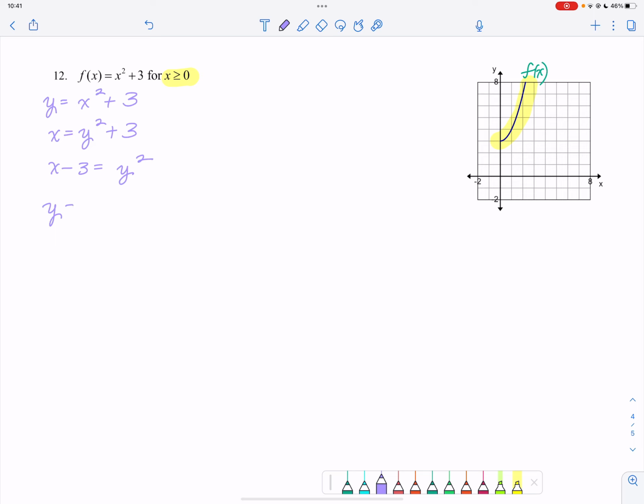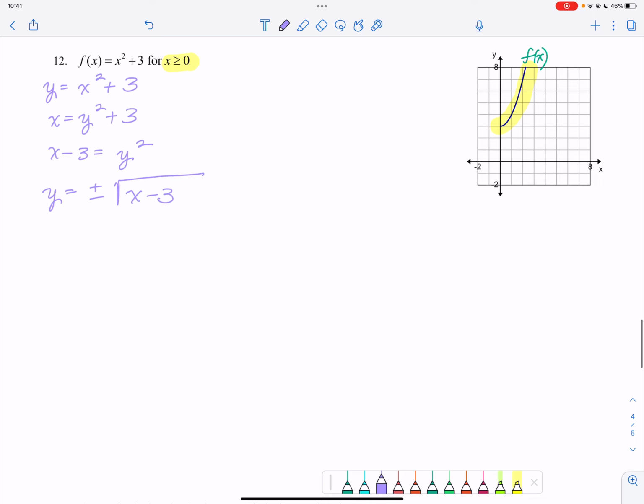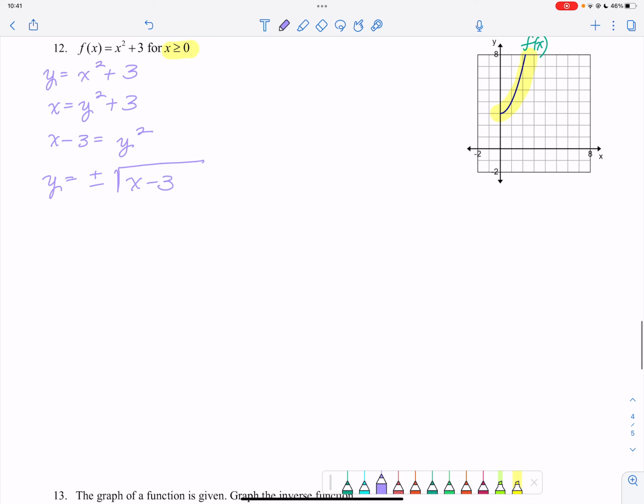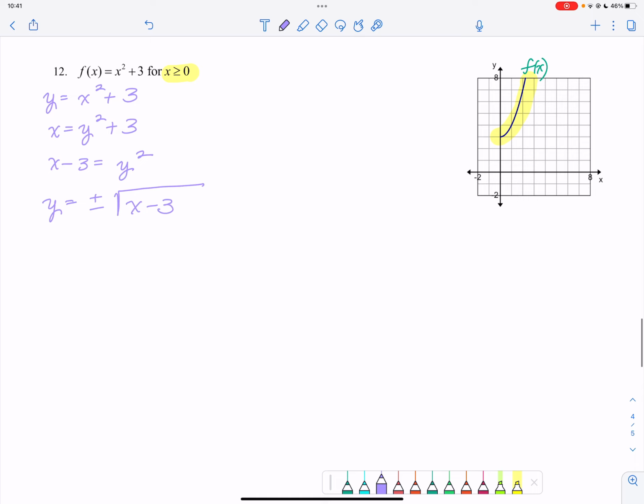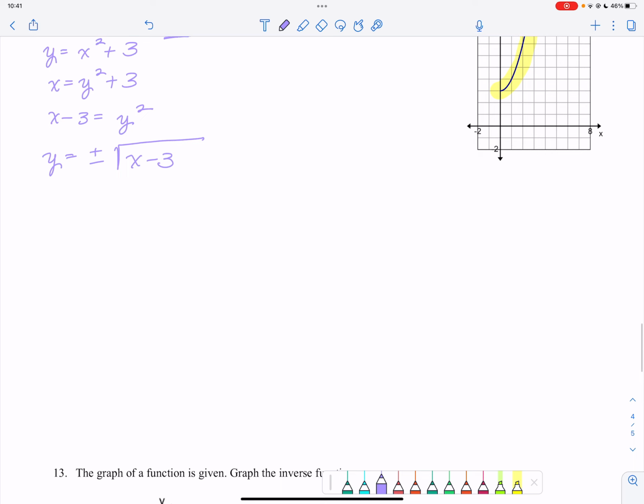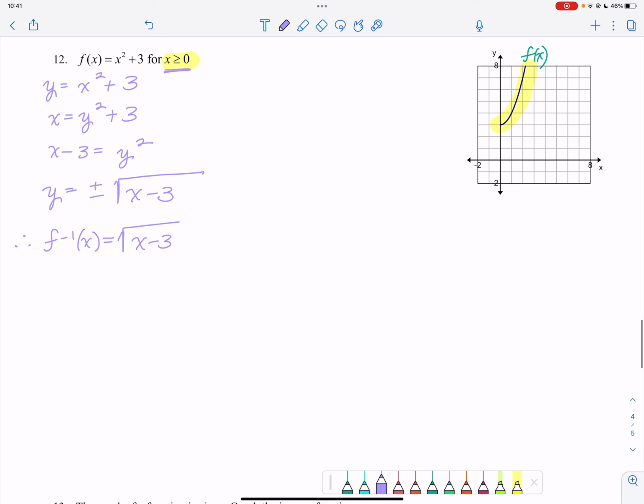And now we have y equals plus or minus root x minus 3. But as you can see, here we only want the positive x values. So this is actually going to be just the positive y values.